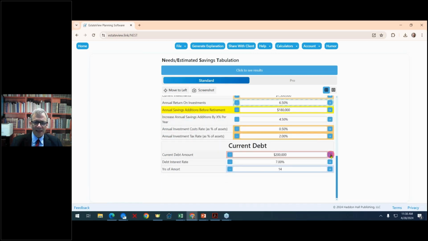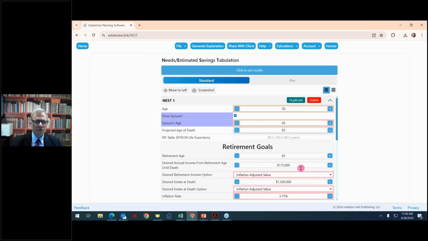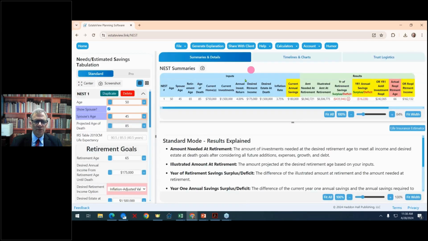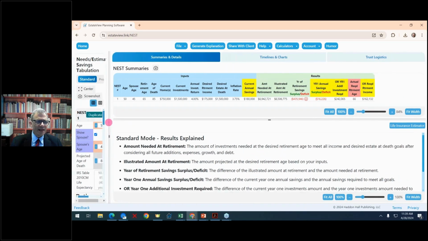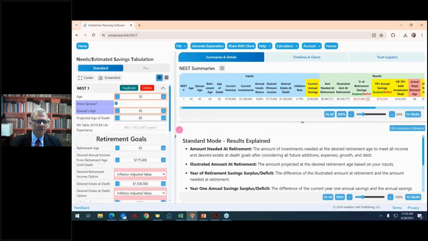They currently have debt, let's say, of $500,000 at an interest rate of 6% being amortized over 15 years.